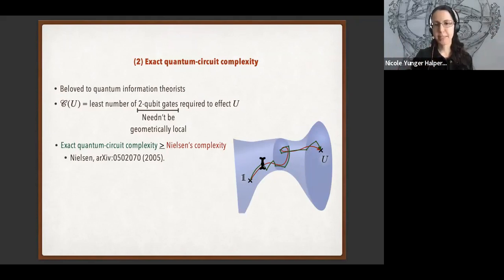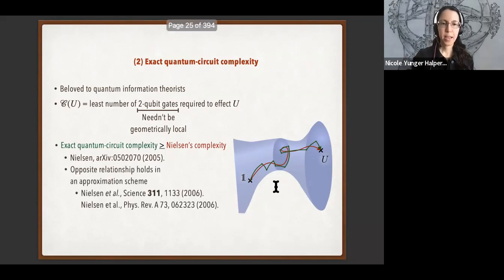There are jags here because the circuit involves the application of discrete gates. Since this green path consists of these jags, it isn't smooth, so it isn't as short as it could be. It isn't as short as the red line. However, in an approximation scheme that I'll discuss later, the opposite relationship holds between these two quantities.